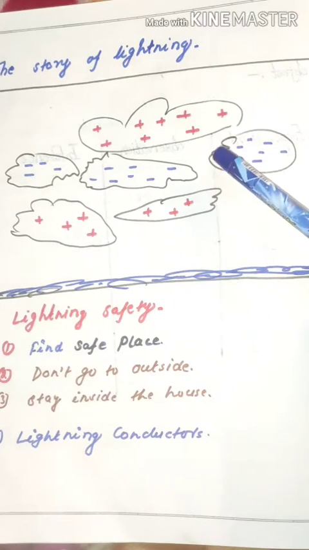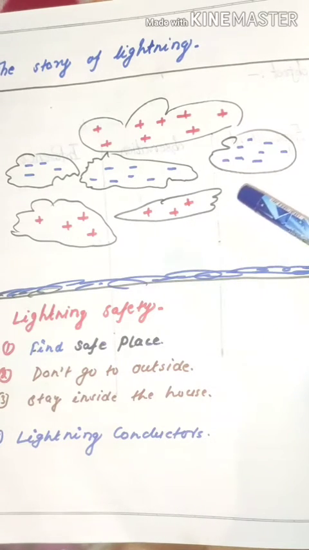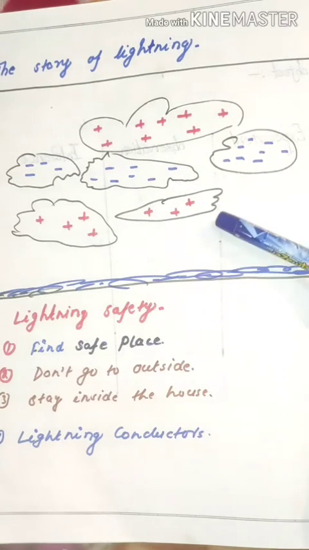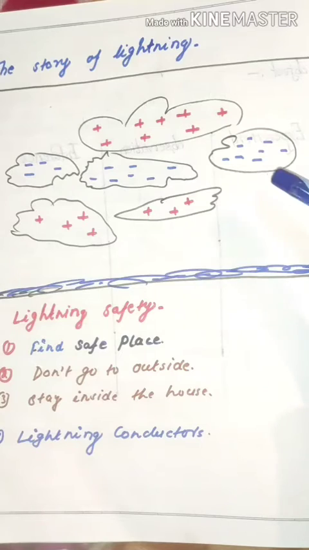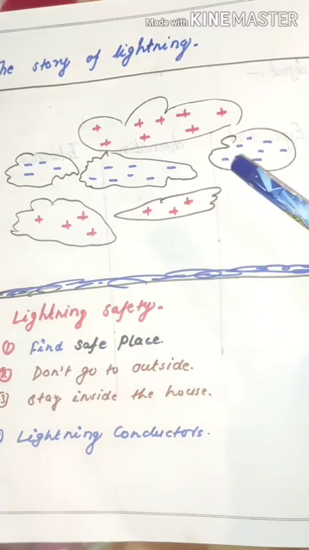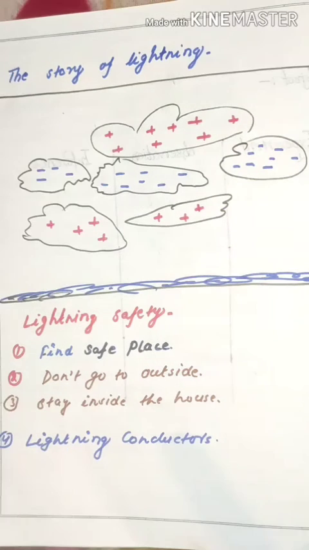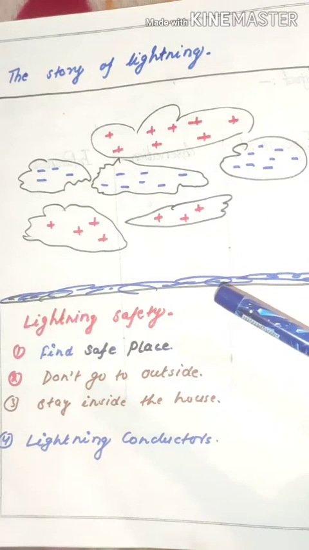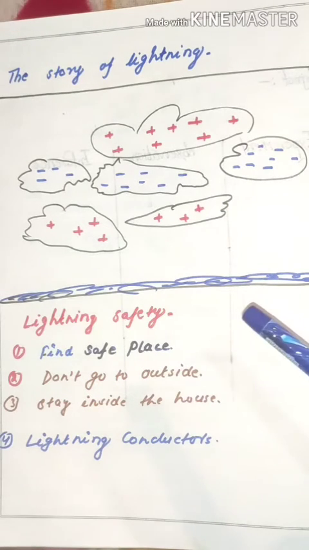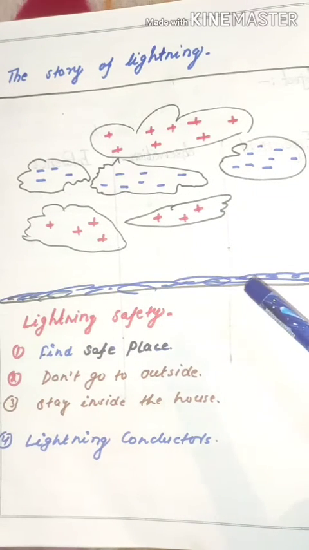The combining of positive and negative charge is called discharge or simply electric discharge. So student, it is a natural phenomenon which causes a large amount of damage because it has a large amount of energy.